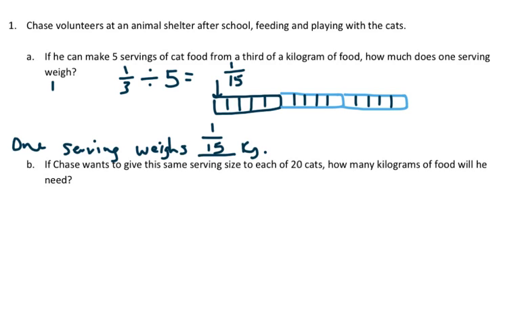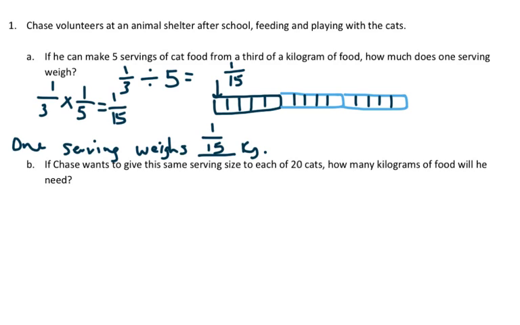So old-fashioned math taught us when we're dividing, it's really the same as multiplying by the reciprocal, and so we can do that now. But drawing the tape diagram gives the students a solid understanding of why we're doing that. So I have 1/3 times 1/5 is 1/15. When I drew my tape diagram out, I also got 1/15.